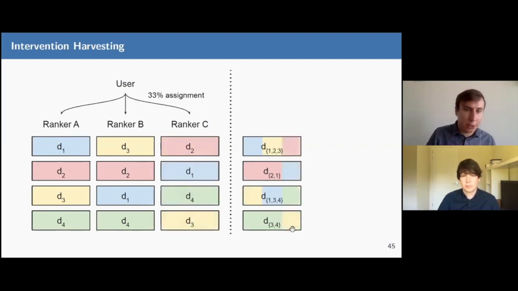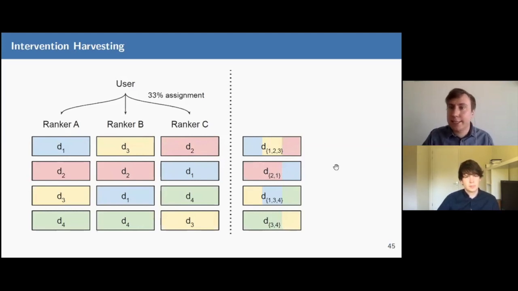To show you that, here is a different scenario where we have, say, an A/B/C test, where we have a 33% assignment of users to A, to B, and to C. And what we see here is that for rank 1, we see documents 1, 2, and 3 appear an equal amount of time. For rank 2, it's just documents 2 and 1, where document 2 appeared more frequently than document 1 because of this 2/3, 1/3 assignment that happens there.